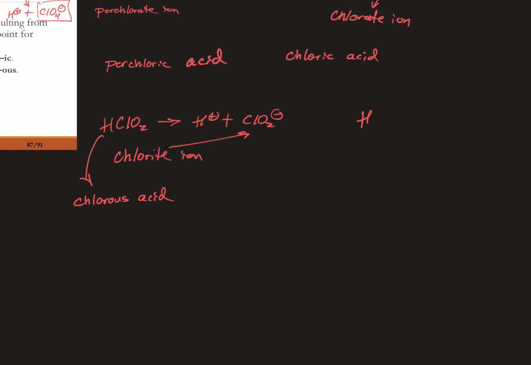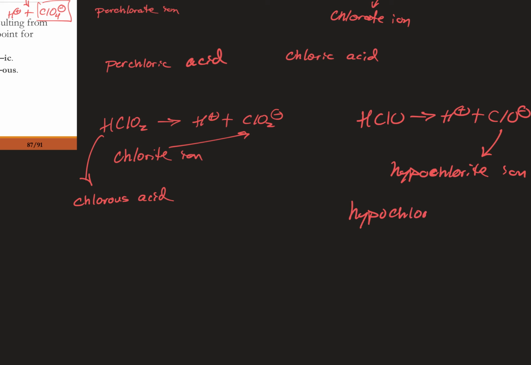And then HClO goes to H+ and ClO minus. This has the name hypochlorite ion, and so the name of the acid is hypochlorous acid.